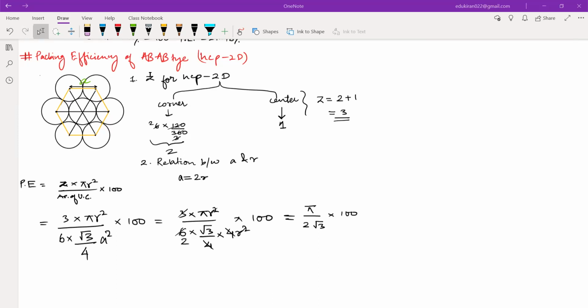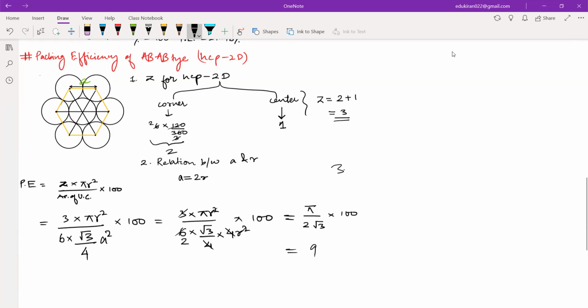Where are you having difficulty? This will be approximately 90.68. How are you getting 272? Wrong, Hamza. How can it be more than 100?